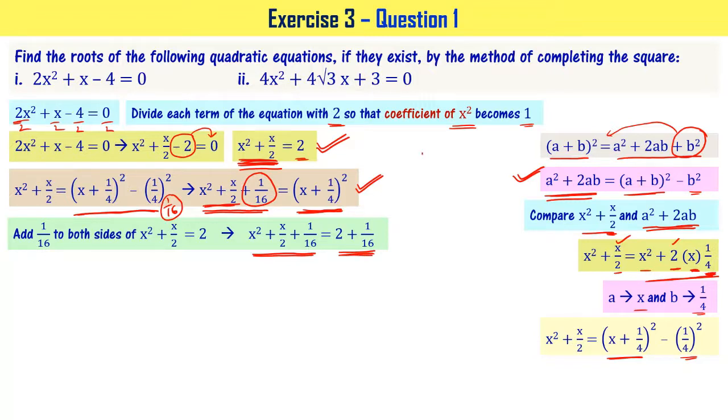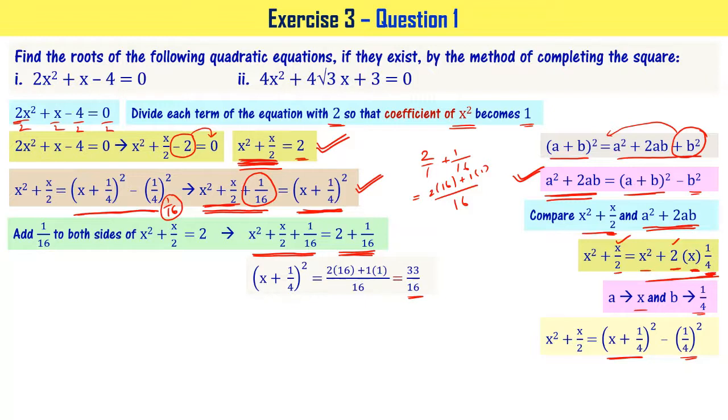This is 2 by 1 plus 1 by 16. This can be written as (2 times 16 plus 1 times 1) by 16, right? So the equation can now be written as (x plus 1 by 4) whole square equal to 33 divided by 16, right?